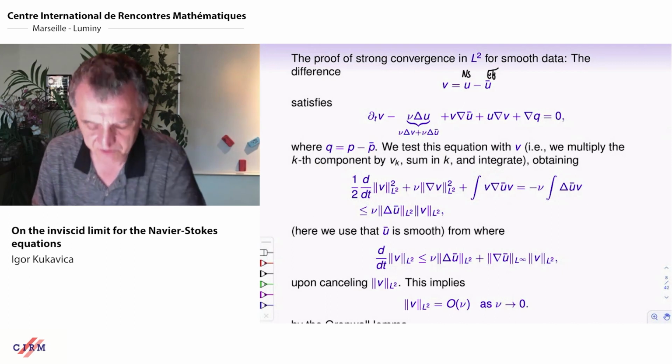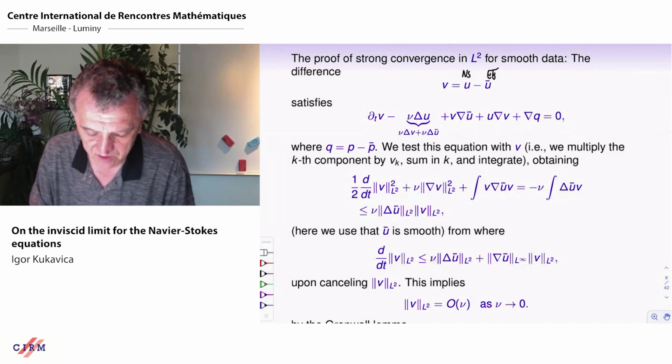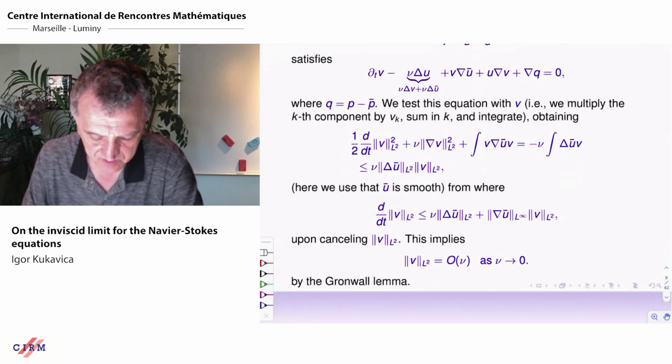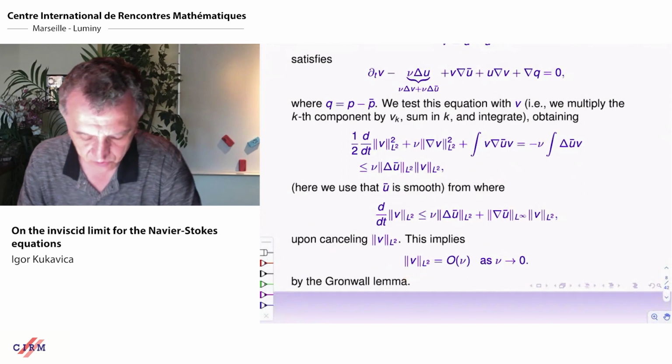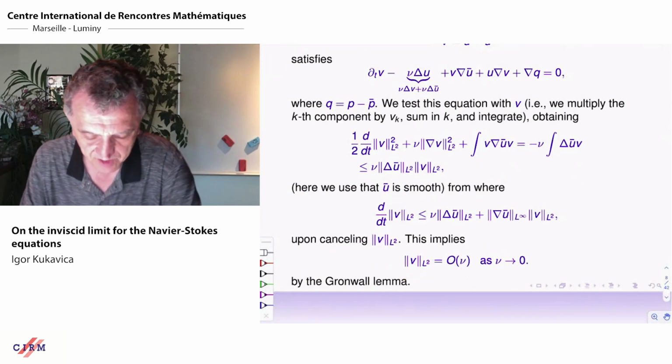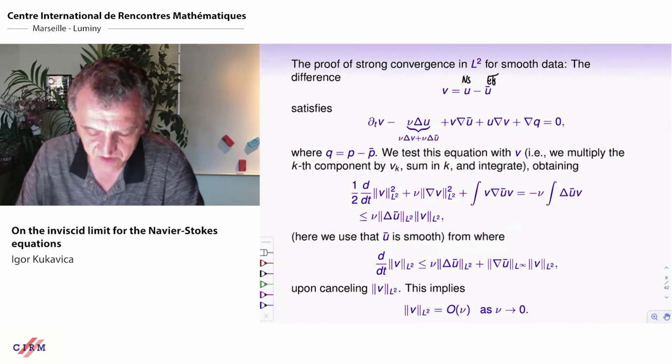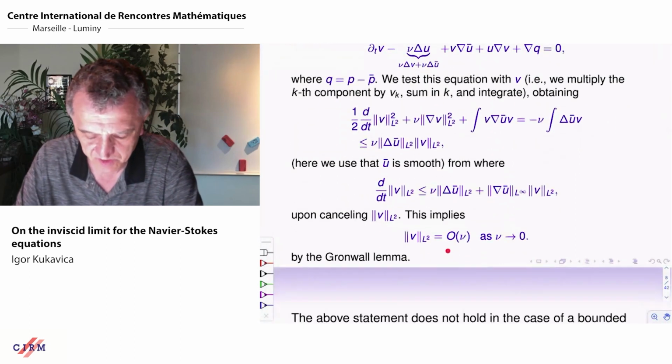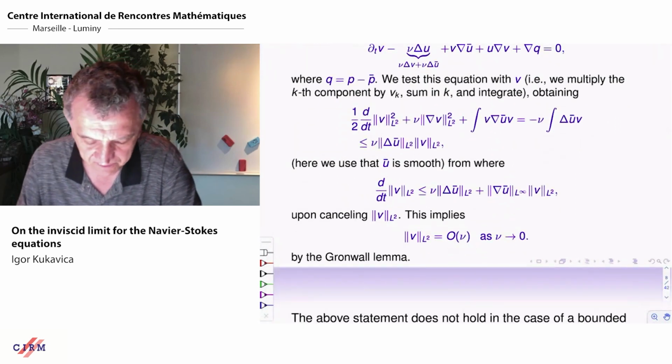It's only the Navier-Stokes solution which is varying, because of nu dependence. So we get nu times the known quantity plus we have the L2 norm of v on both sides. So Gronwall works, and we get O of nu convergence by the Gronwall lemma in L2. So not only does the convergence work, but we get O of nu.